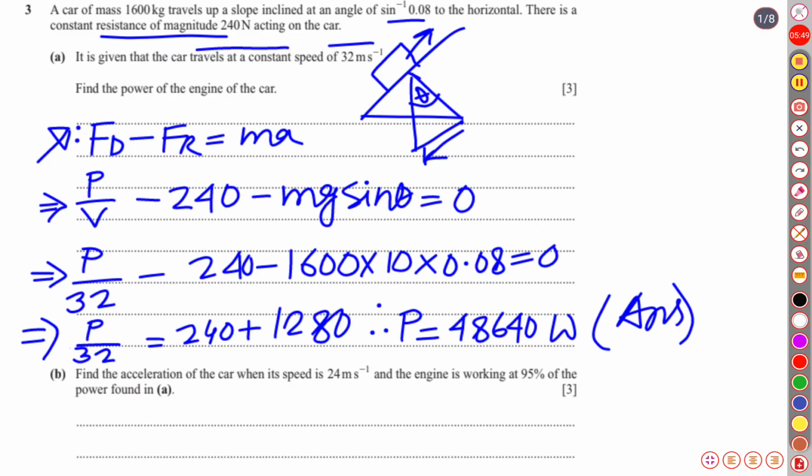The next question says find the acceleration of the car when its speed is 24 meter per second and the engine is working at 95% of the power. So let us find the power. We are still under the same diagram.